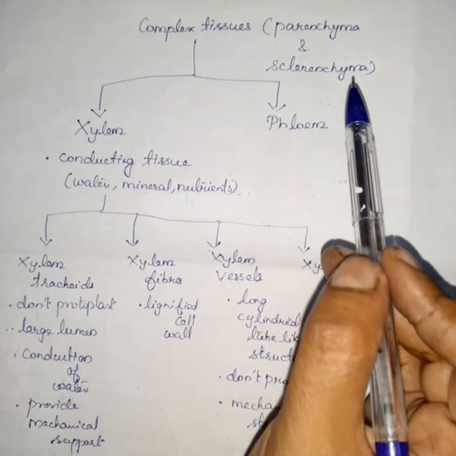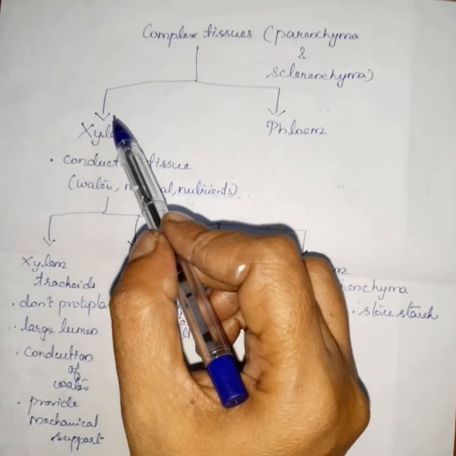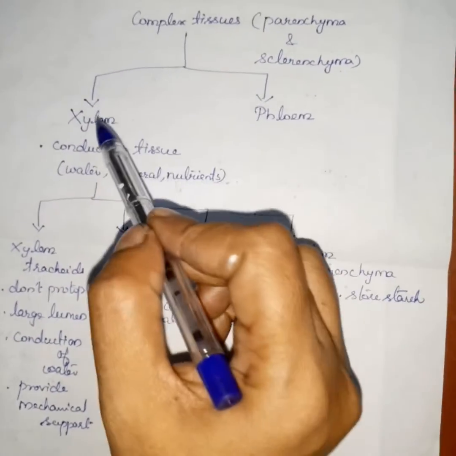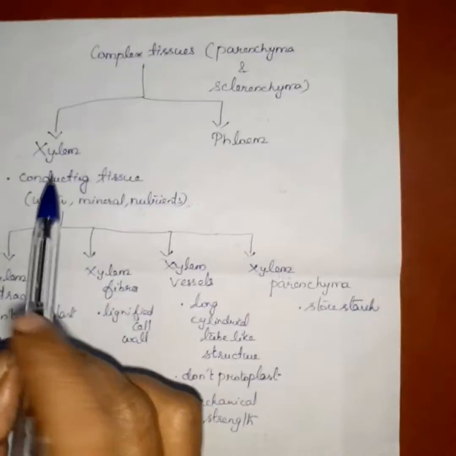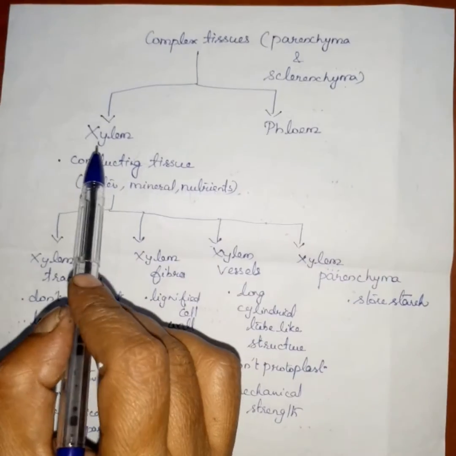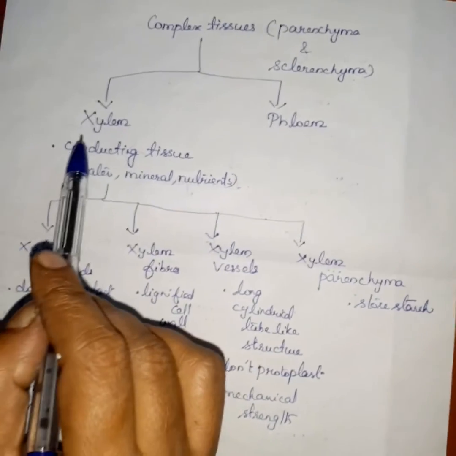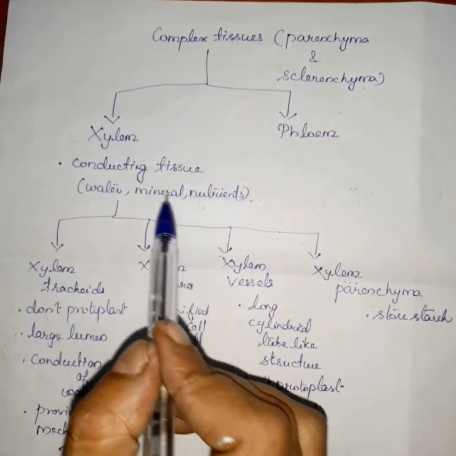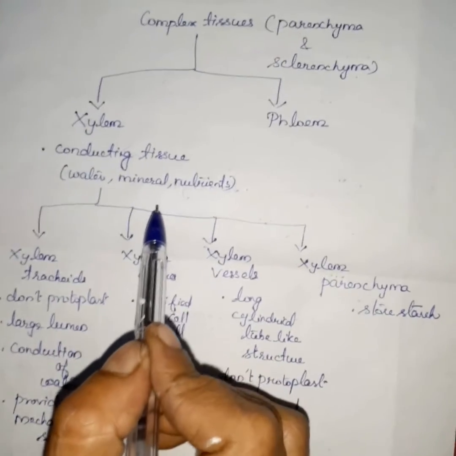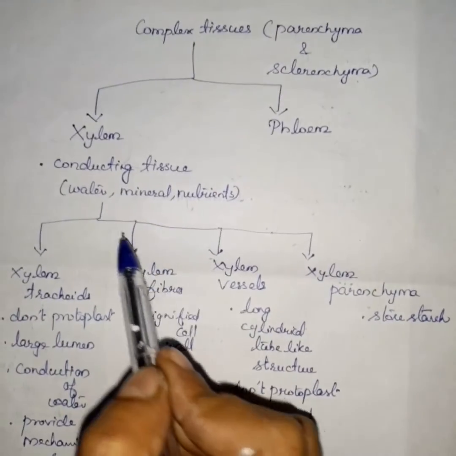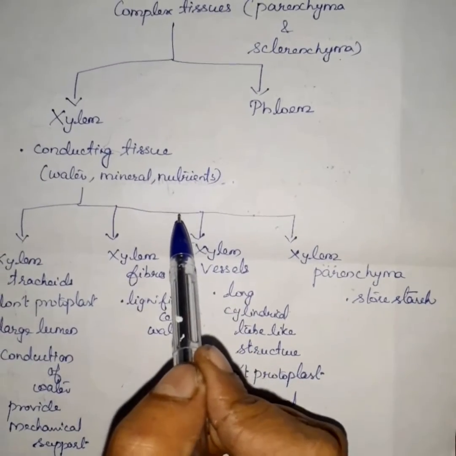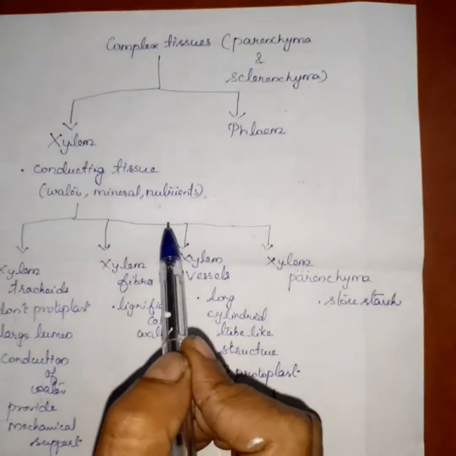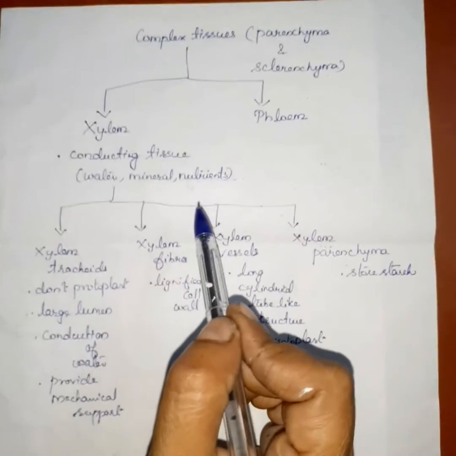It is divided into two groups. The first one is xylem and the second one is phloem. First we are going to study xylem. The xylem is a conducting tissue. It conducts water, minerals and nutrients upward from root to leaves.